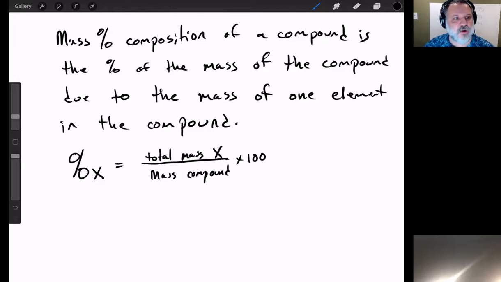Percentages are parts divided by wholes times 100. If we're talking about the mass percent, well, what's the part? It's the part of the mass due to whatever component we're talking about, and in this case, we talk about components in terms of elements. So the part is the mass of the element in the compound. Well, what's the whole? The whole is the entire mass of the compound. And then we multiply it by 100. So let me give you an example.